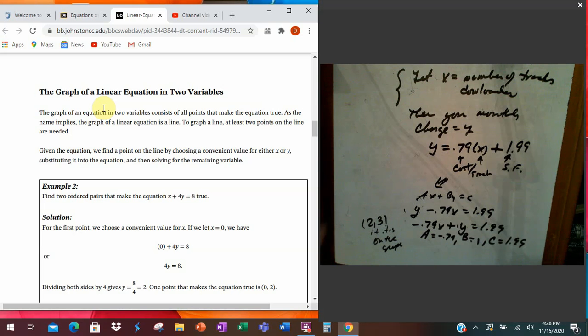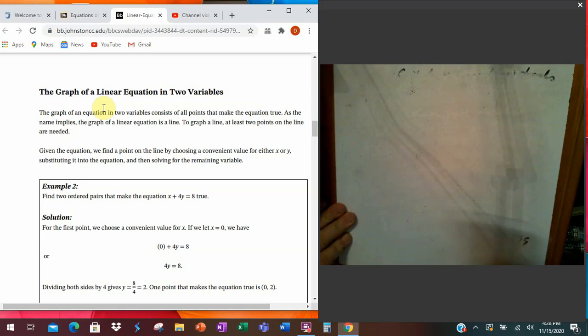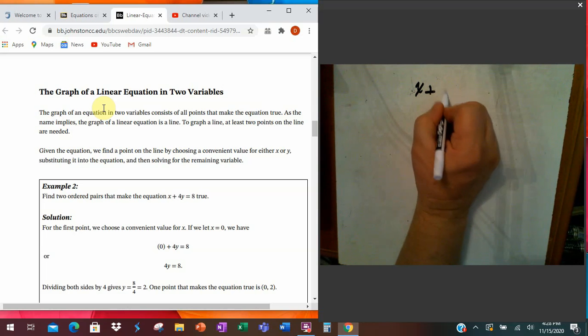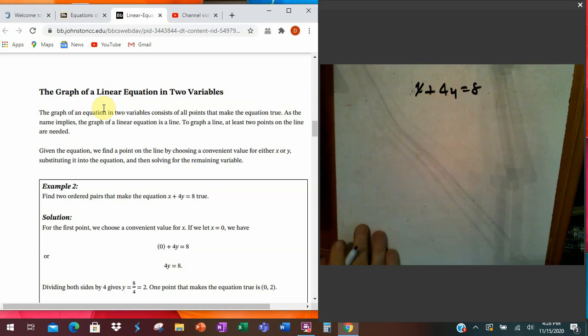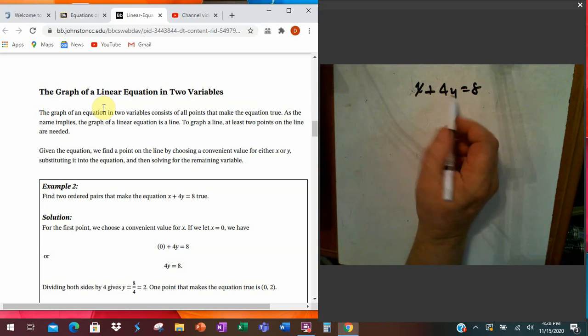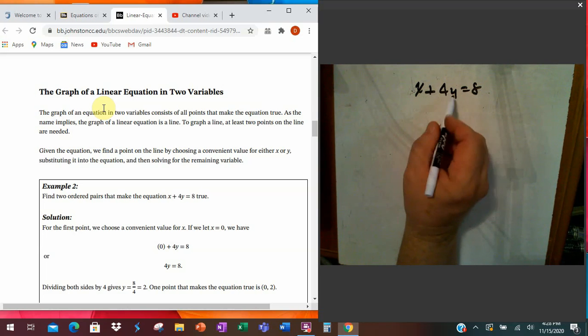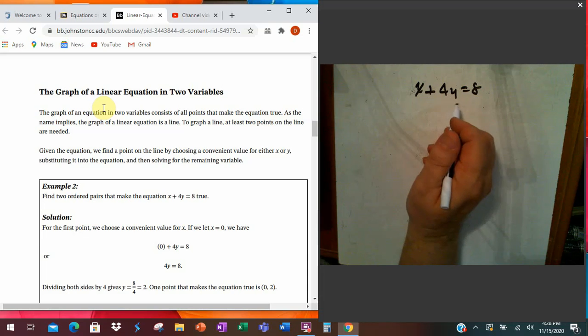So let's see a different one. x plus 4y is equal to 8. Let's say I think about numbers that add up to 8, but I've got to do 4 times a number.